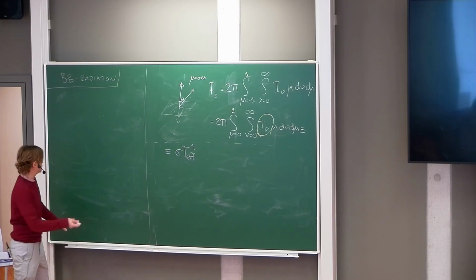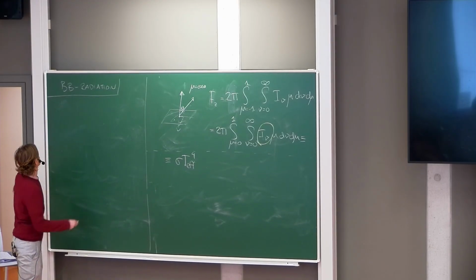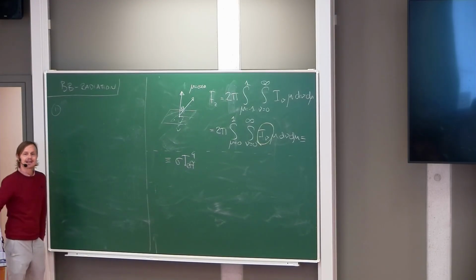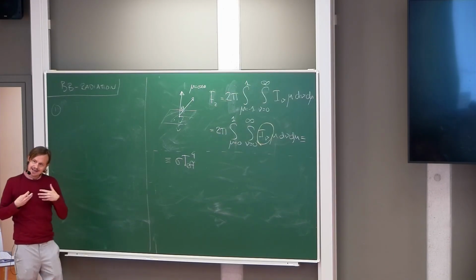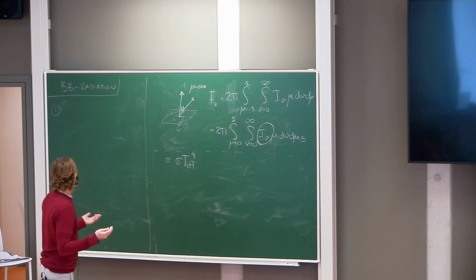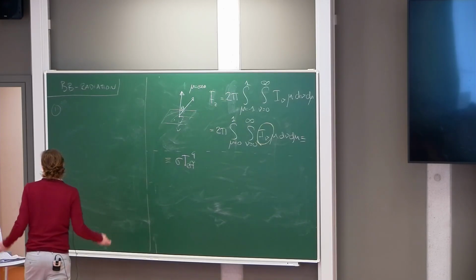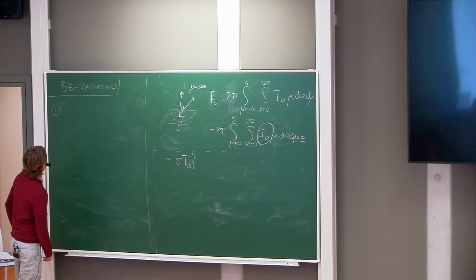For example, if you now take a stellar atmosphere, so a star, then the emission layers from the star are centered around what we call the photosphere. And we will discuss how we can define that in just a minute.